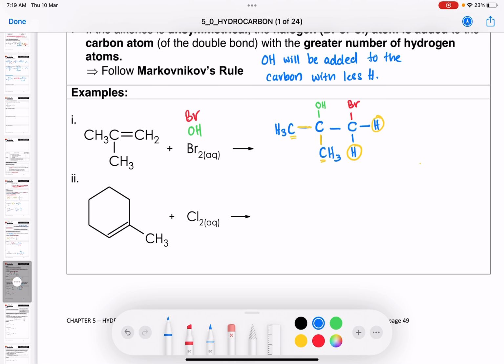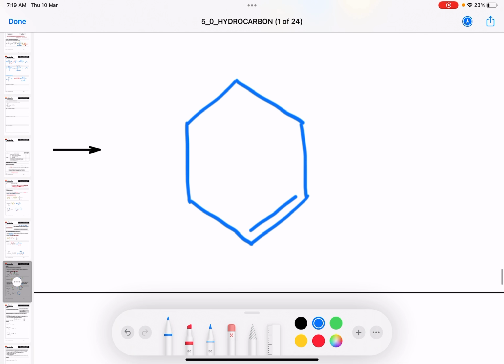Okay, for number 2, we know here it has only CH3. This one only H. So this is your carbon 1 to another carbon, and 1 to another carbon, and 1 to another carbon.